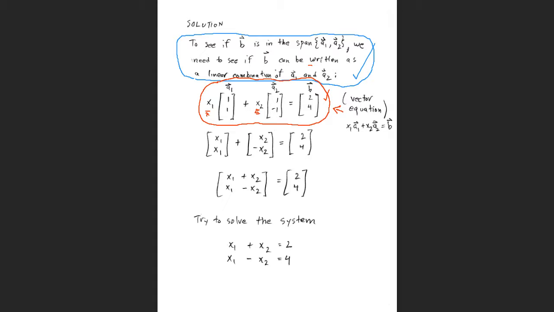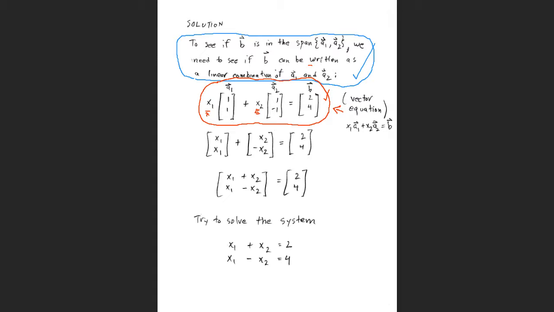A differential equation has derivatives in it, right? Well, a vector equation is an equation that has vectors in it. And we want to see if the vector B is in the span of the set of vectors A1 and A2, so we need to see if this vector equation can be solved.